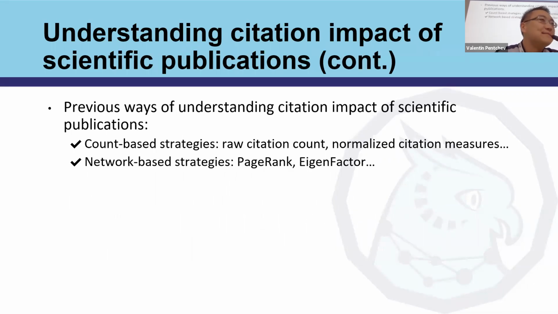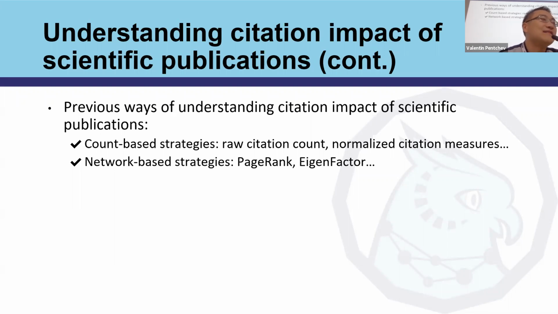There are several ways previously to understand citation impact. First of all, some bibliometricians use count-based strategies, such as raw citation count, or normalized citation measurements, such as raw citation count normalized based on the paper's published year or the paper's domain.